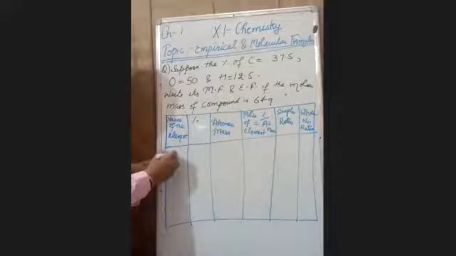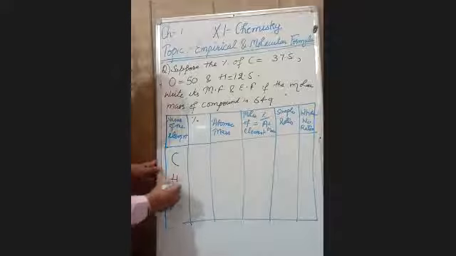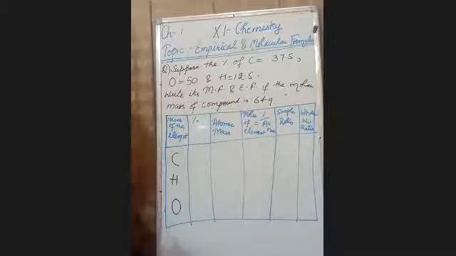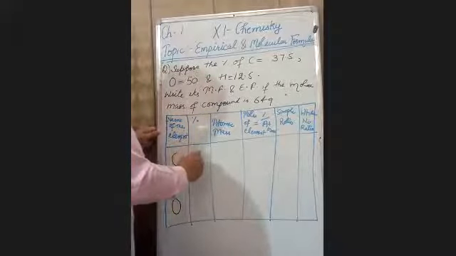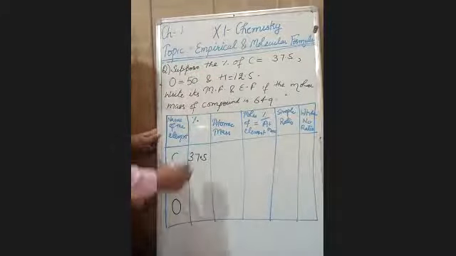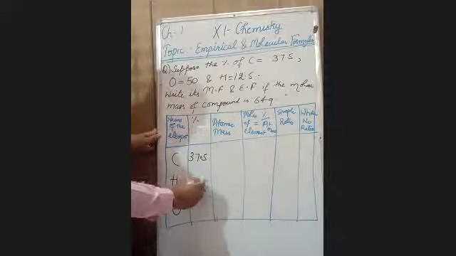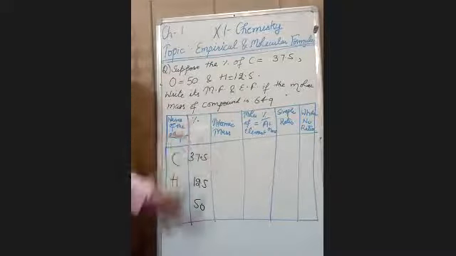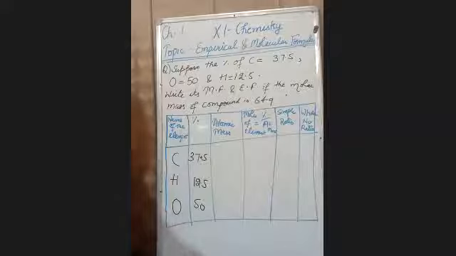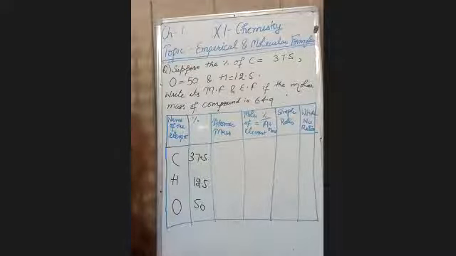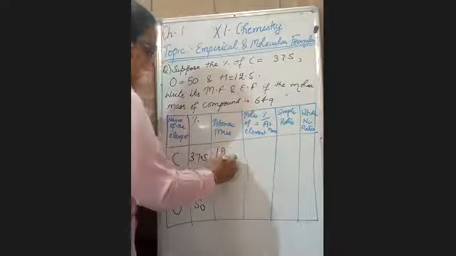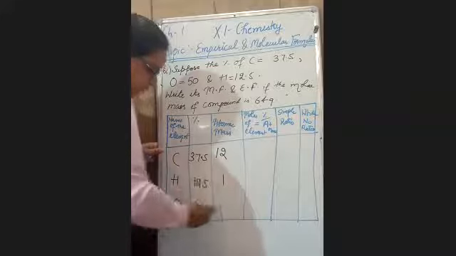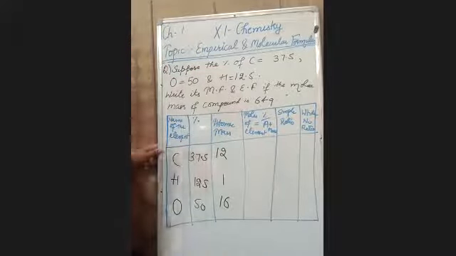First element is carbon. I am taking its symbol. Next is hydrogen and oxygen. What is the percentage of carbon? It is 37.5. Next is hydrogen, 12.5. Next is oxygen, which is 50. See their percentage. The sum of all these elements' percentage should be equal to 100 because we are taking percentage, which means out of 100. What is the atomic mass of carbon? It is 12 gram per mole. For hydrogen, it is 1. For oxygen, it is 16.